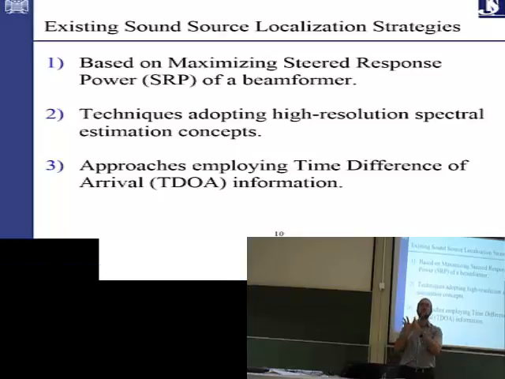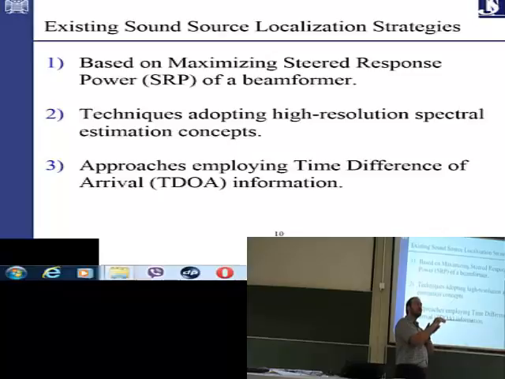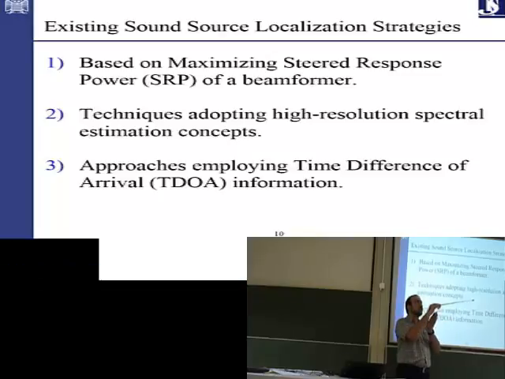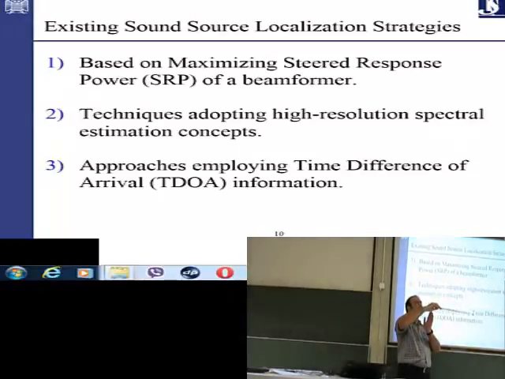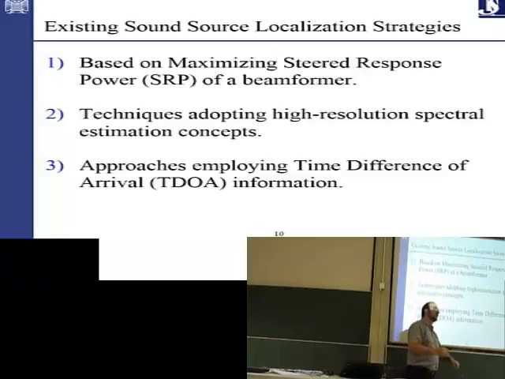And if you make it a wide beam, you can go much faster to the end. But the point is that then you find this part of the pattern together with a high energy, but because the beam is already wide, the resolution is not good. So that's the problem of the steered response power.